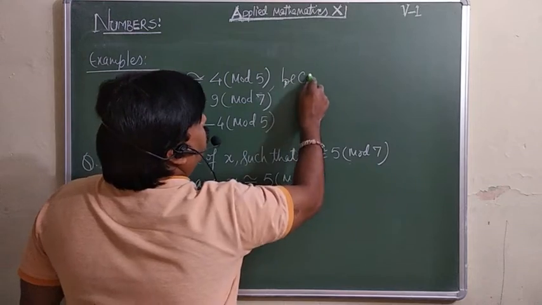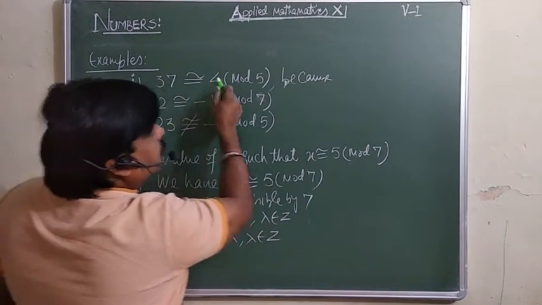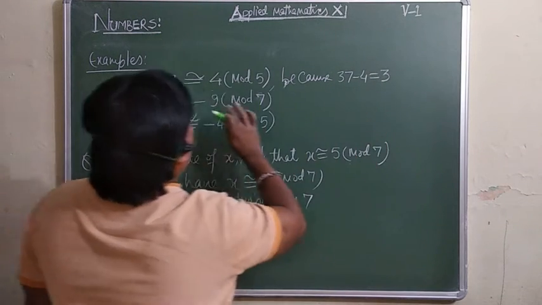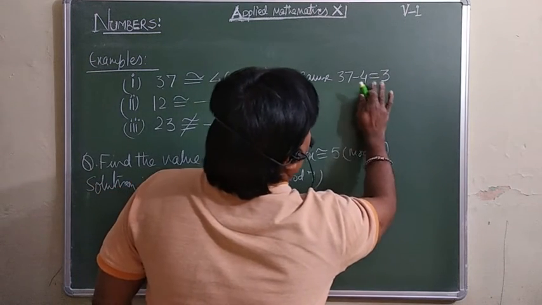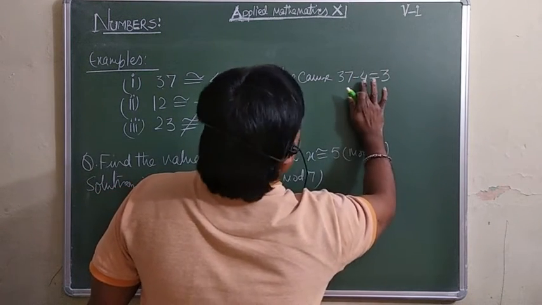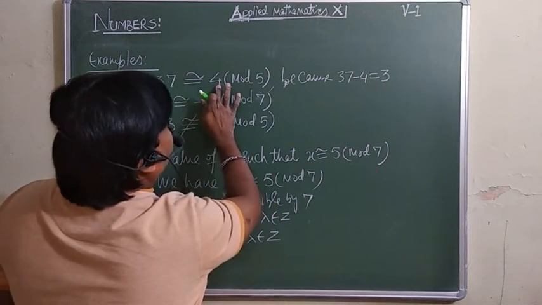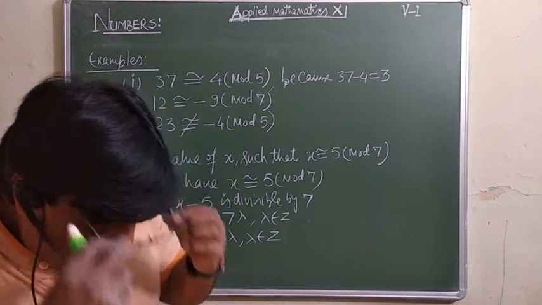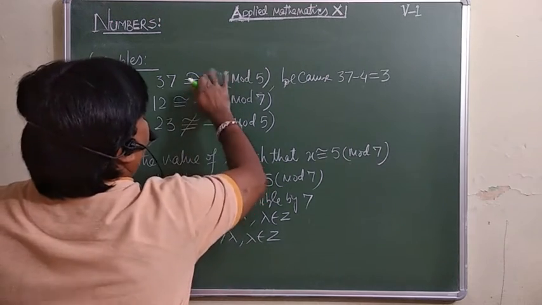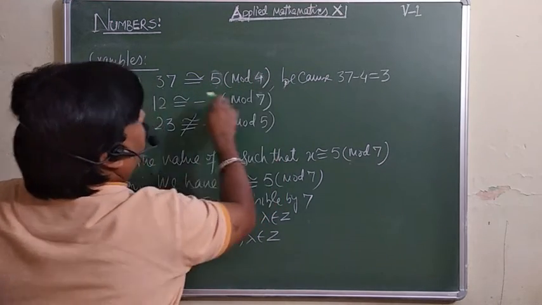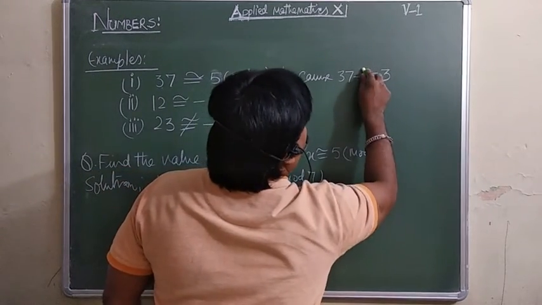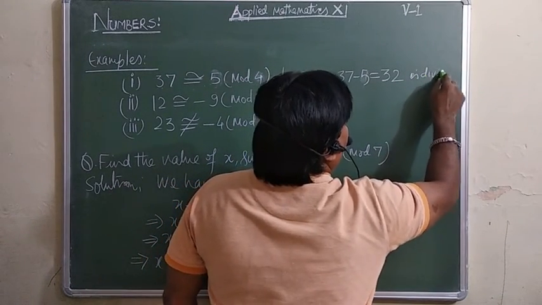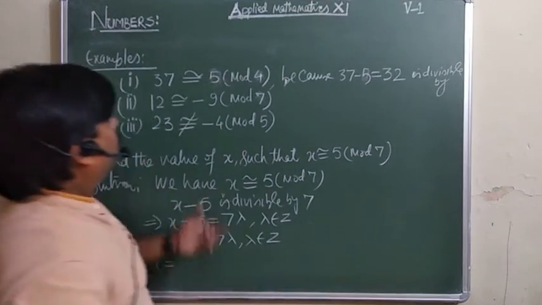It means, because a minus b, 37 minus 5, is equal to 32, and 32 is divisible by 4, so you can say they are congruent.